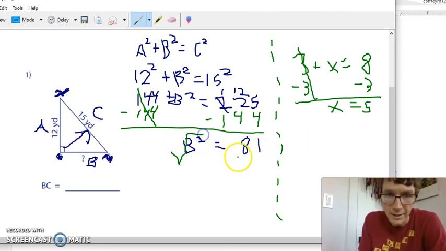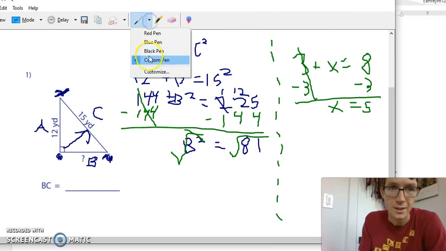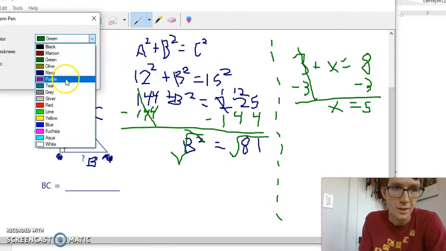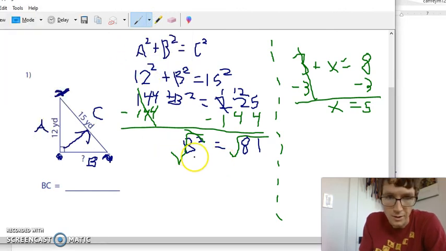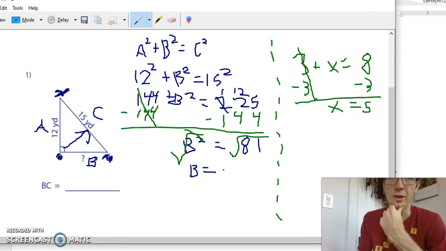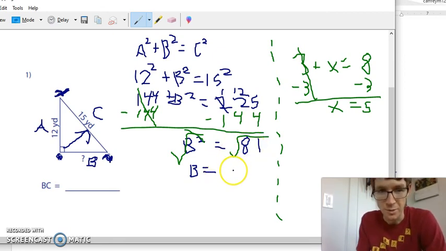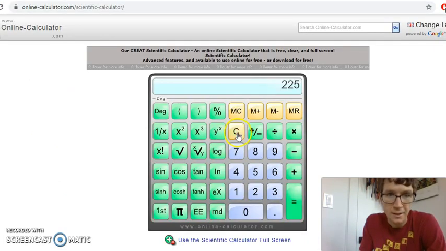The square roots cancel, so this is going to be b equals the square root of 81. What's the square root of 81? What times what gives you 81? Maybe you can recognize that that would be 9. If you can't, all you have to do is put 81 in your calculator, hit this button over here, and you get 9.